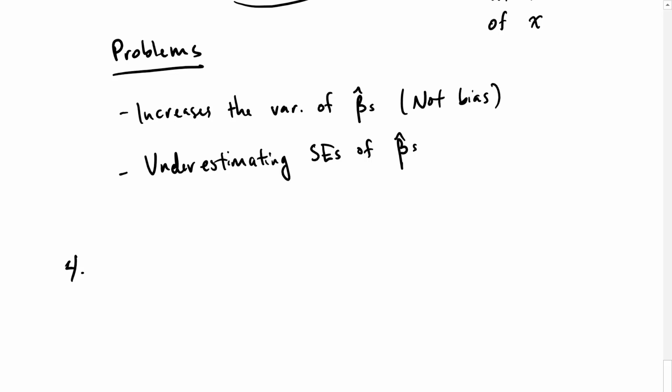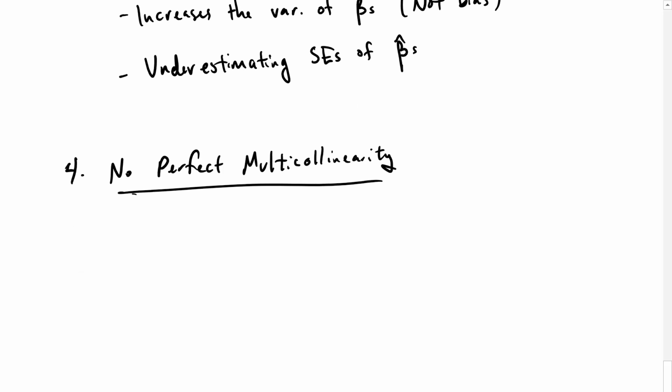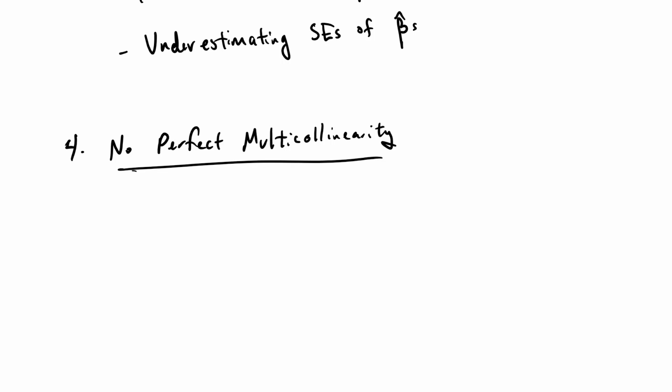Number 4 is no perfect multicollinearity. Remember, this is when x variables are correlated with each other.